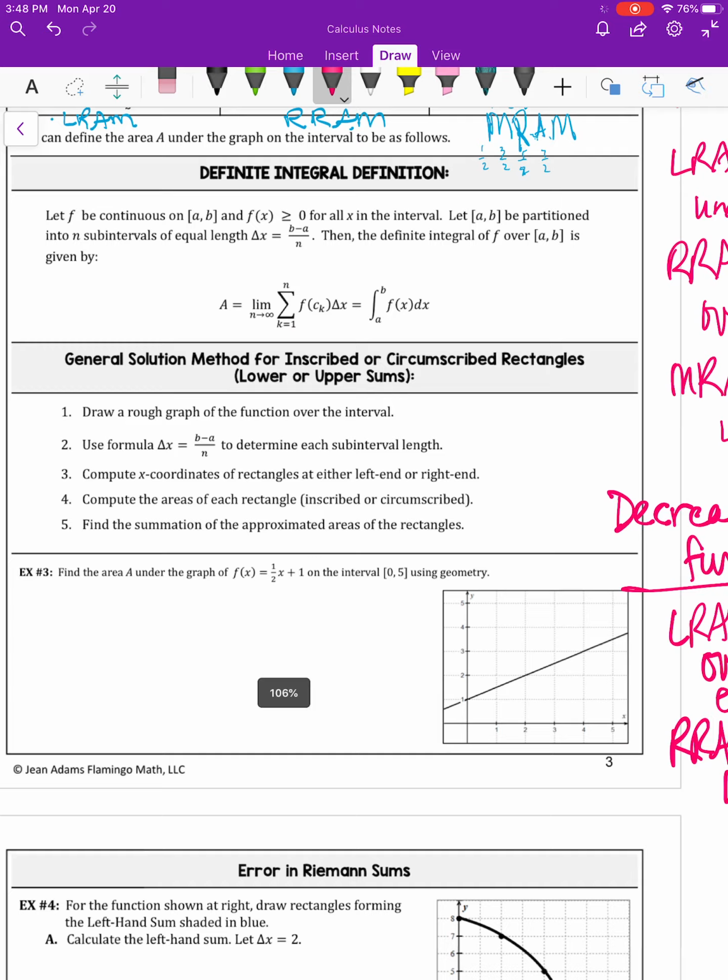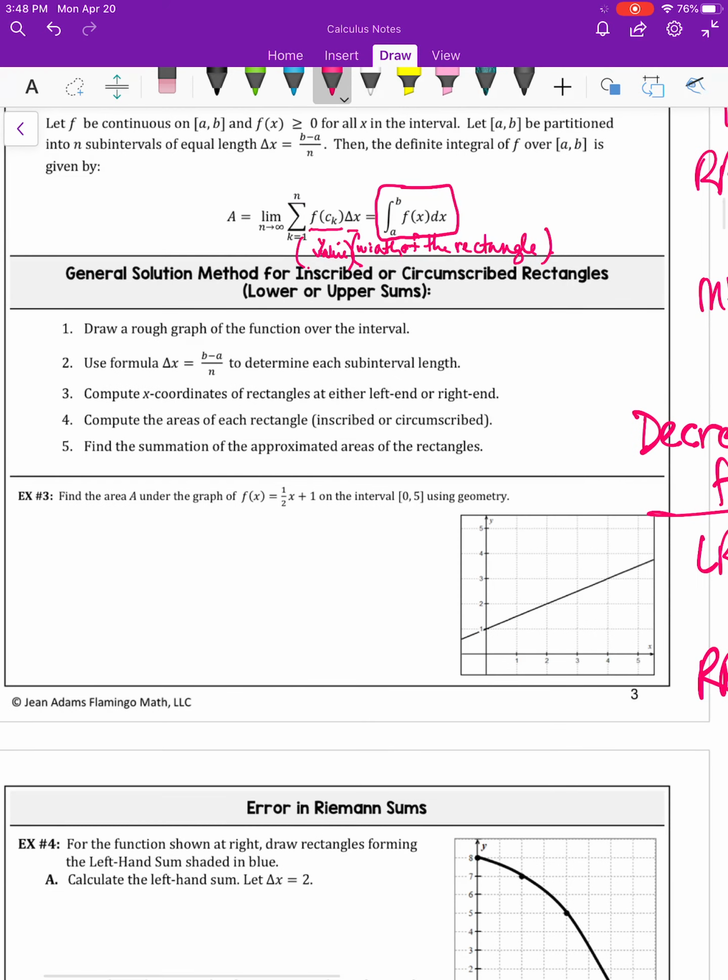The only reason it's equivalent to the exact area under the curve is because you're breaking it up into infinitely many rectangles, as you take your limit as n goes to infinity, the number of rectangles, k equals 1 to n.